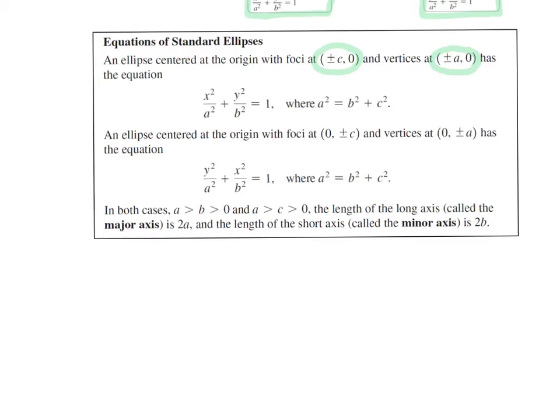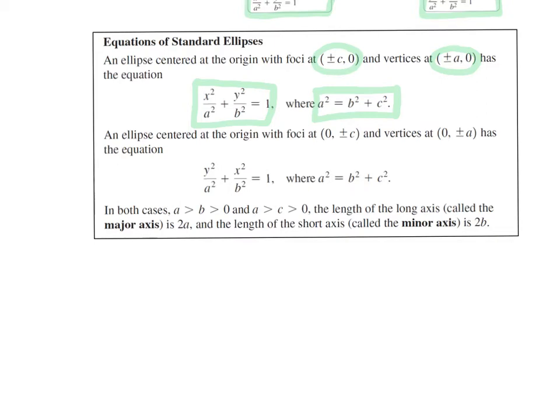So if foci and vertices are both on the x-axis, then it's stretched out horizontally along the x-axis. And the equation would be x squared over a squared plus y squared over b squared is equal to 1. There is this property that a squared is going to be equal to b squared plus c squared, and that comes from our Pythagorean theorem.